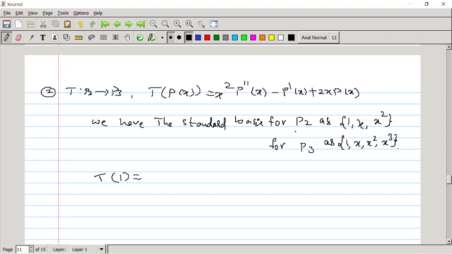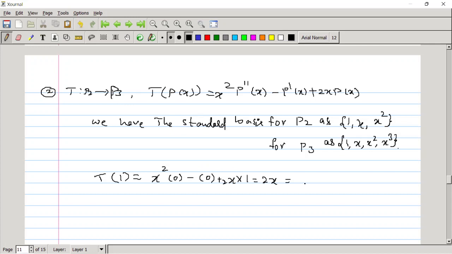Let me consider the images of the elements of the basis for the domain. That means T of 1 is nothing but x square times P double dash, which is 0, minus P dash, which is also 0, plus 2x times P of x, which is 1. That means it is nothing but 2x. Let me write this as a linear combination of the basis of P3, because T of 1 is contained in P3 as it is an image.